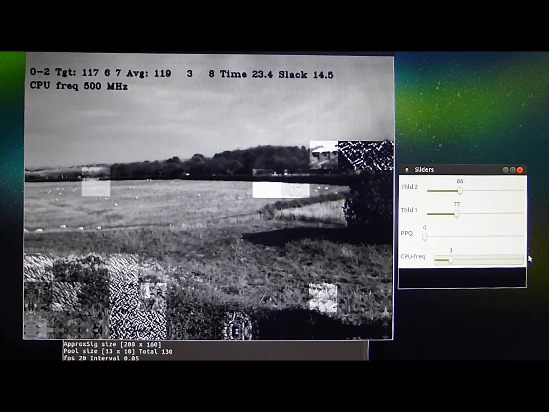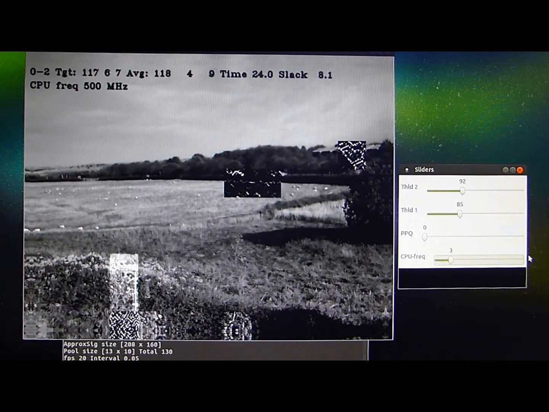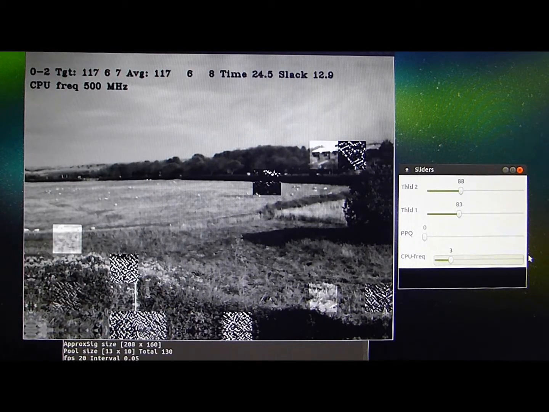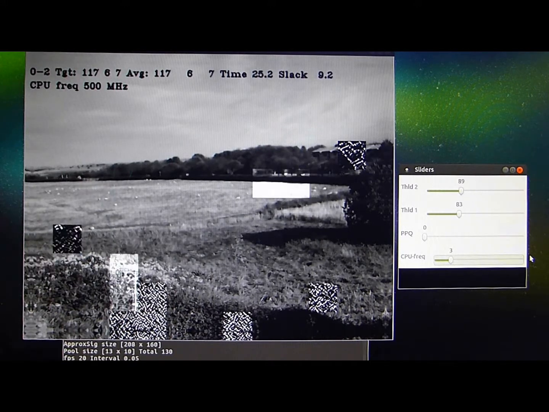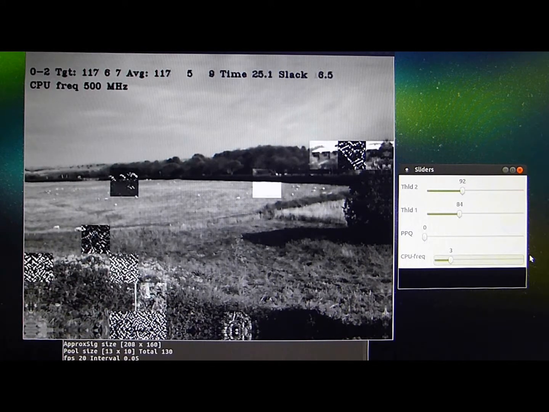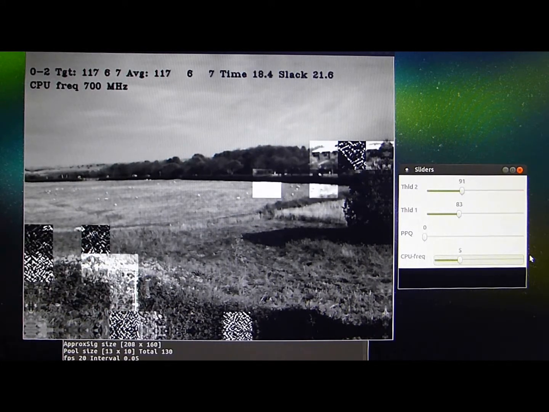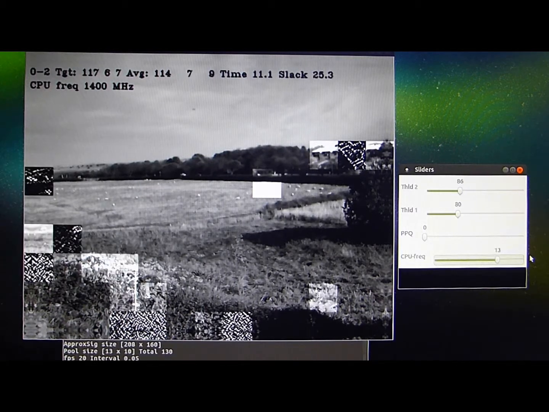And then we go down to 500 megahertz. Obviously the most significant thing it's looking at is the traffic and a bit of the vegetation in the foreground. So that is DVFS applied to image processing.